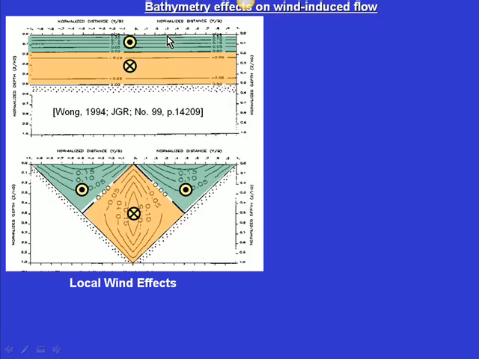So this is a semi-enclosed basin, open at one end and closed at the other. And if the wind is blowing toward us, then the surface flow will come toward us. It will set up a pressure gradient.